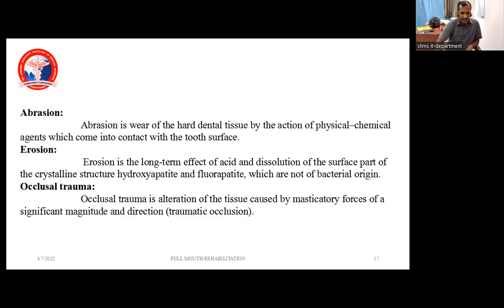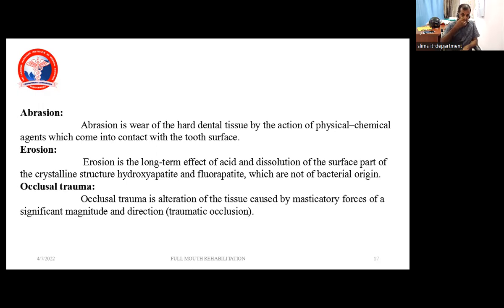And now coming to the conditions individually. Abrasion is a wear of hard dental tissue due to physical or chemical agents. Okay, that is what an abraded tooth surface will show. Now, erosion is a long-term effect of acidic dissolution of the surface part of the crystalline structures, most of a chemical nature, that is erosion.